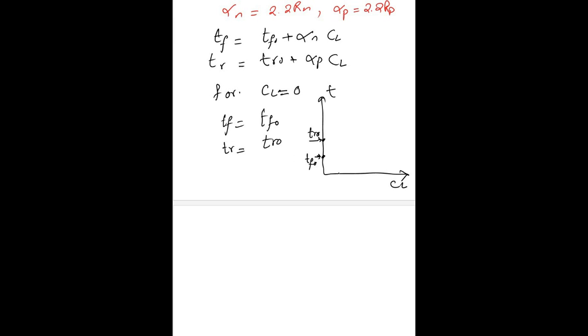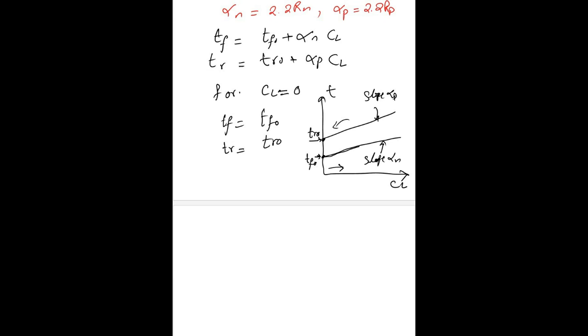So if we increase our CL, this line increases linearly, and also this line increases linearly as well. So slope of this line is given by alpha p, because this represents the rise time, and slope of this line is equal to alpha n, because obviously this represents the fall time here.